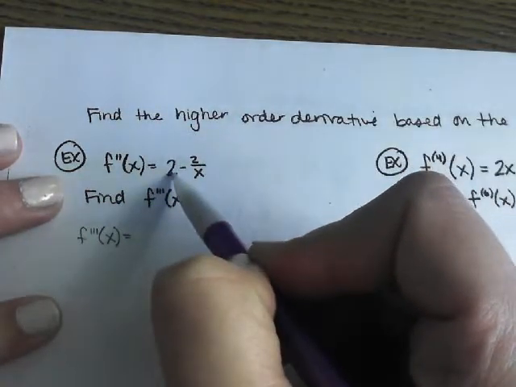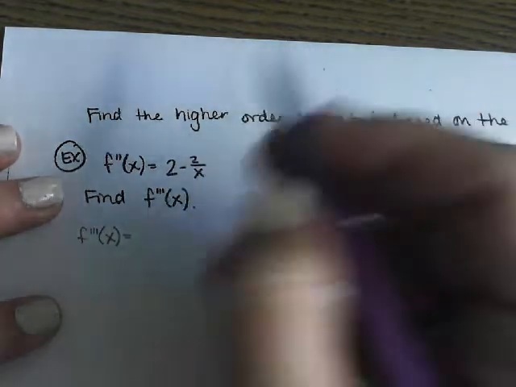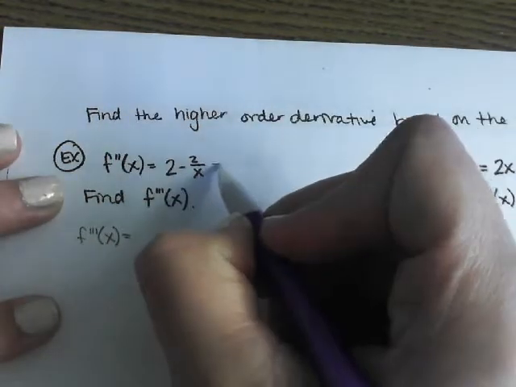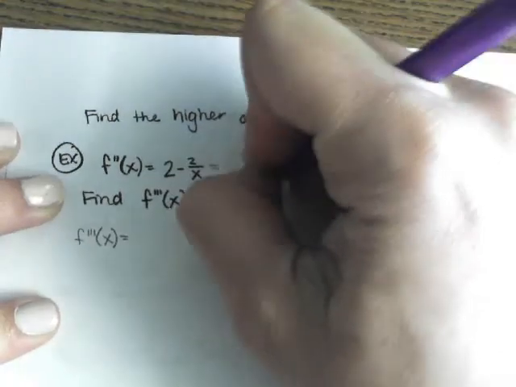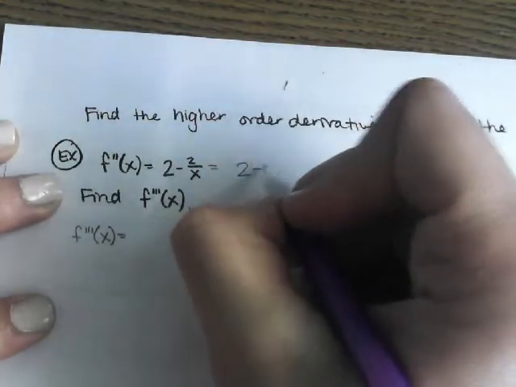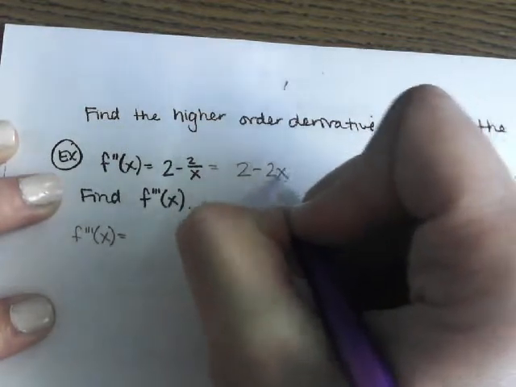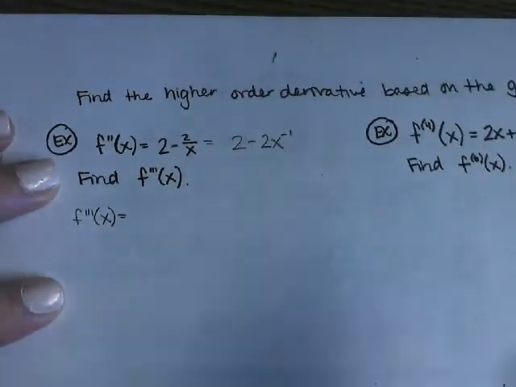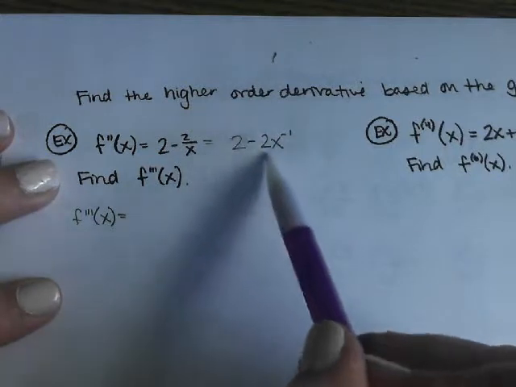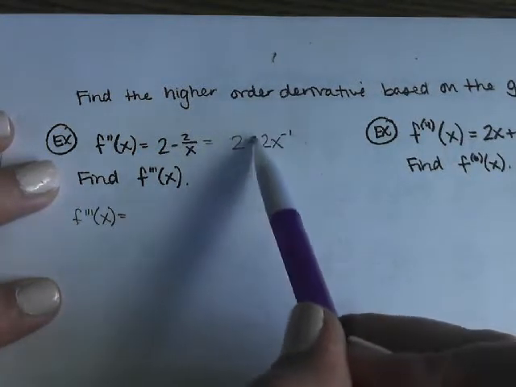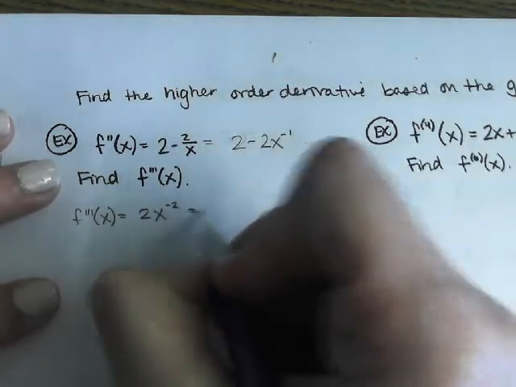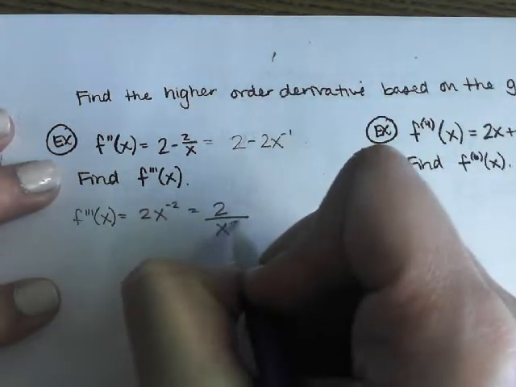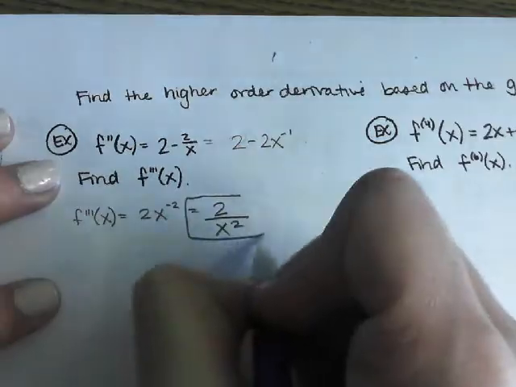And then I'm just rewriting the original, so this becomes x to the negative first, because that's going to make my derivative life easier. So when I take the derivative of the second piece, bring my negative 1 out in front, that's going to be a positive 2, x to the negative second, and then just clean that up. So you found your third derivative, but you didn't do the derivative 3 times to get there.